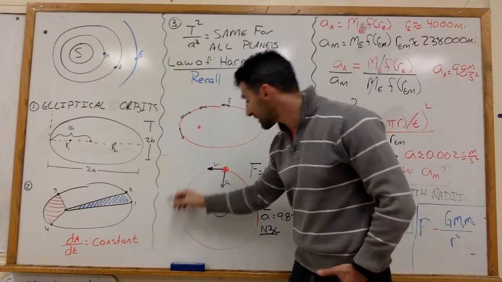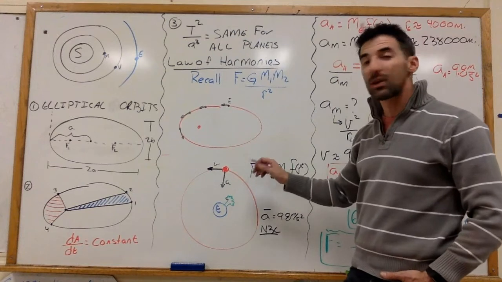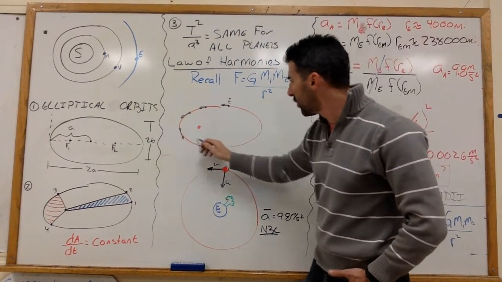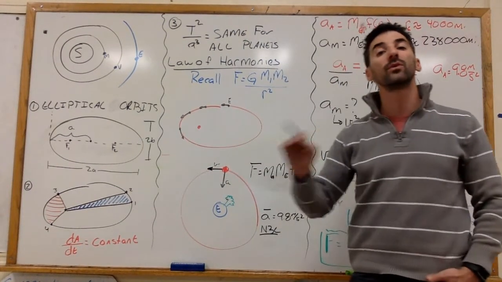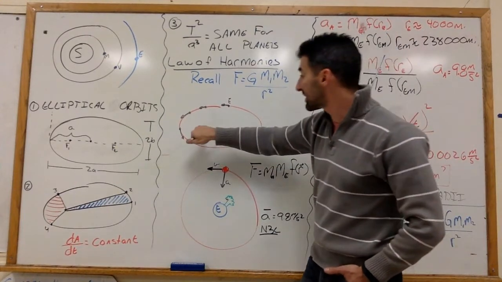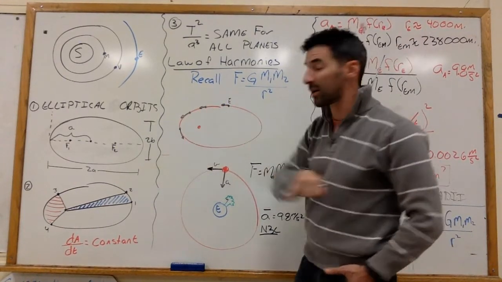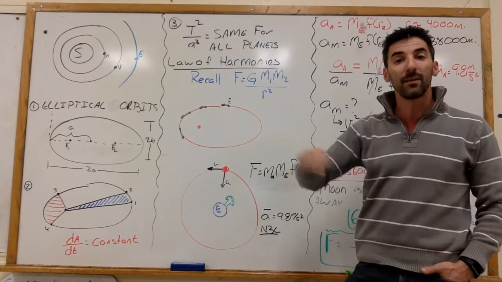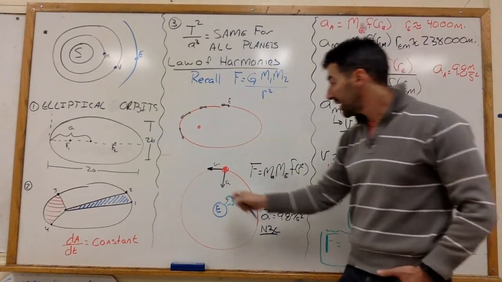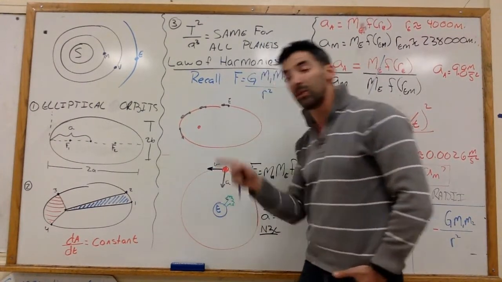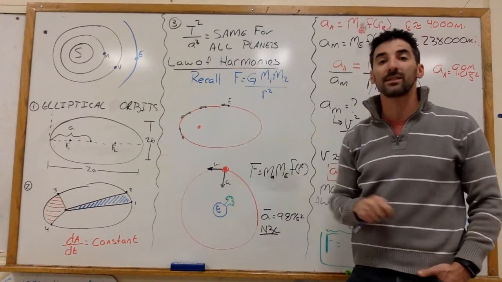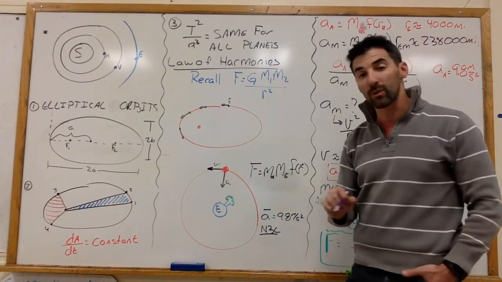We know about centripetal force. We know that the Earth is moving around. We don't know why. So Newton postulated that it is the sun that is forcing the Earth to move around in that bent circular path. It is the Earth that is forcing the moon to rotate around in that circular path. That's what we're going to work with.